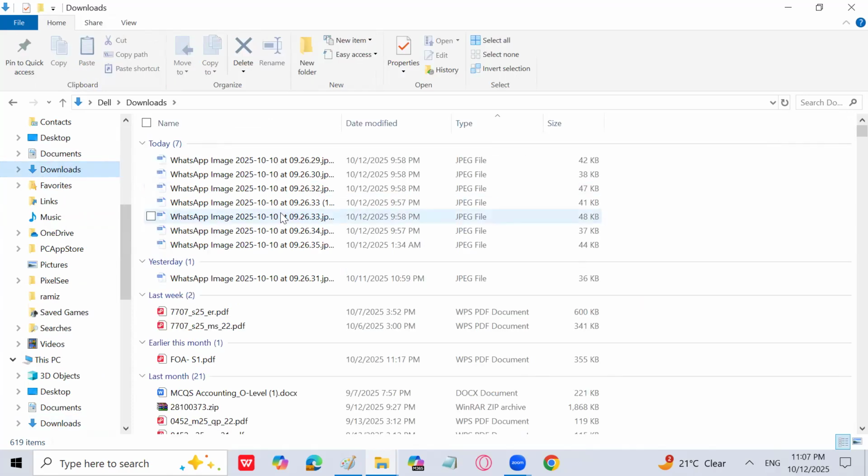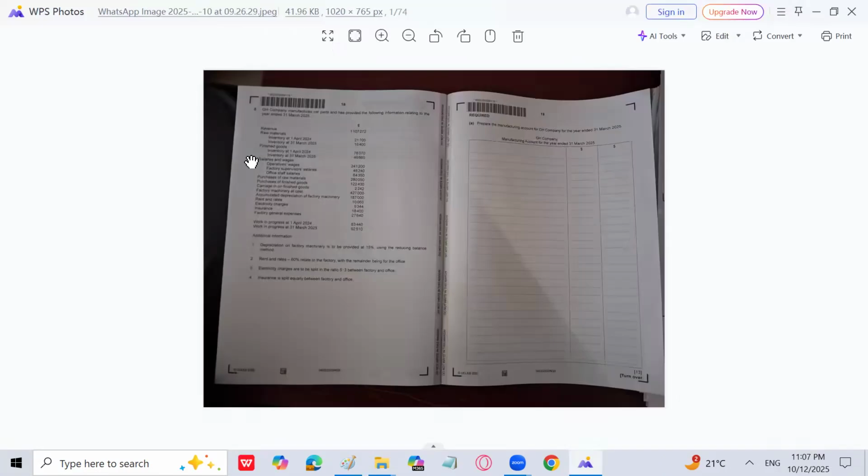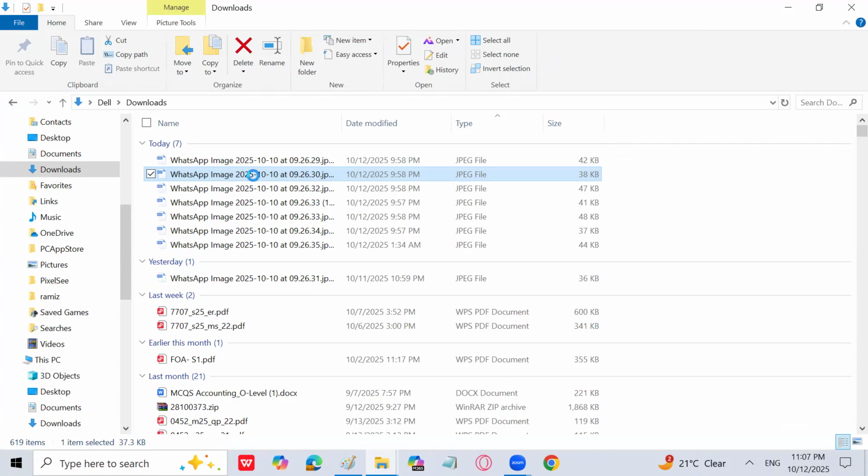I need to find out which parts. I have all the papers with me, so let me see which parts we are going to have. So this is not the part actually. Second part, these are the A part and B part.